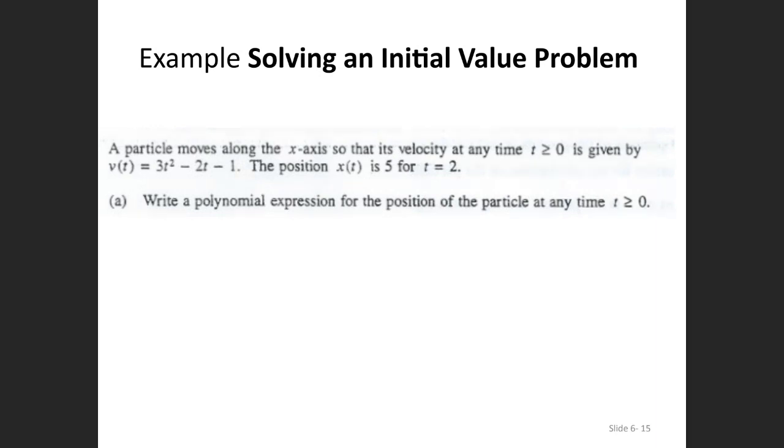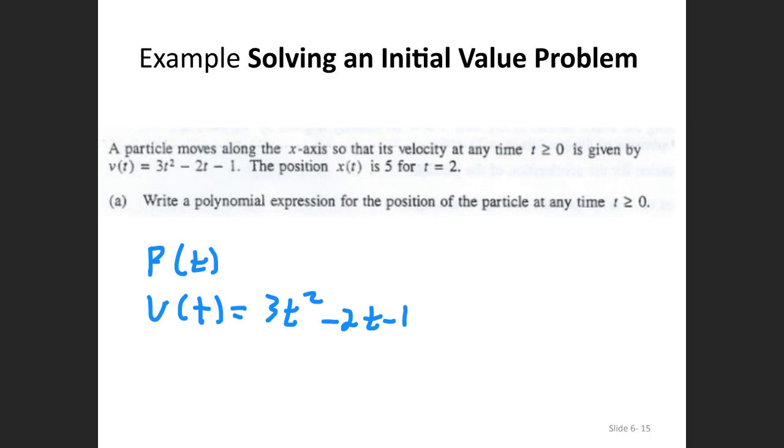Oh, how cool is that? That means what I'm looking for, I have a velocity function, 3t squared minus 2t minus 1, but I want to get the position function. Now I could get the acceleration function really easy. I just take the derivative. But to go backwards, I have to take the integral.